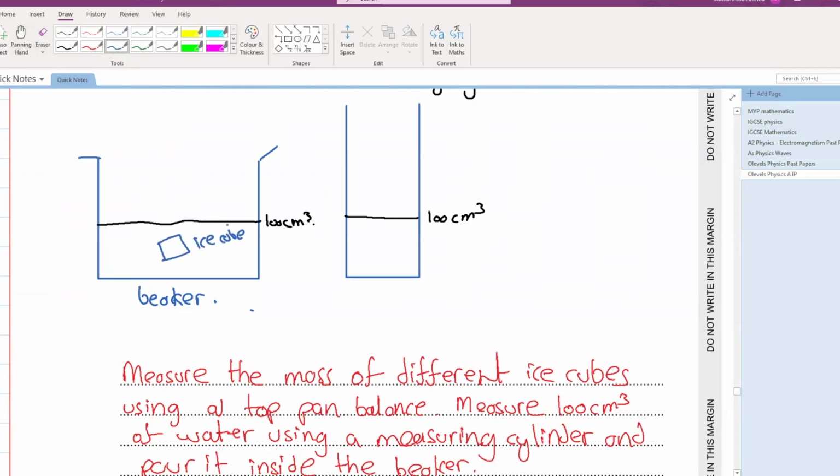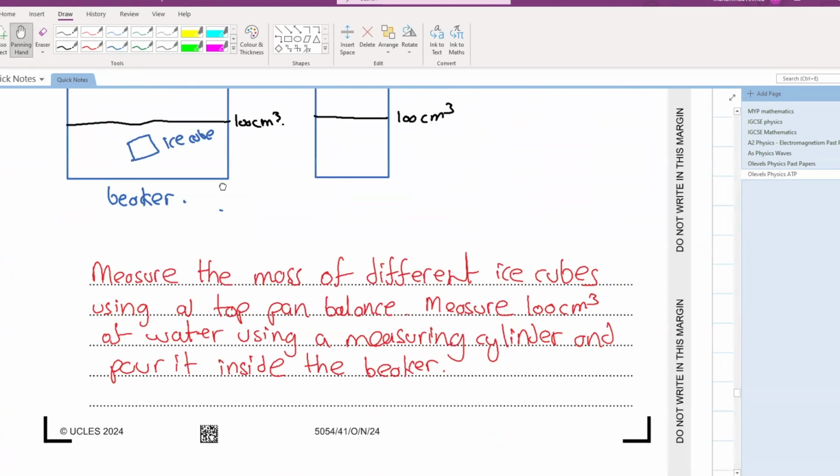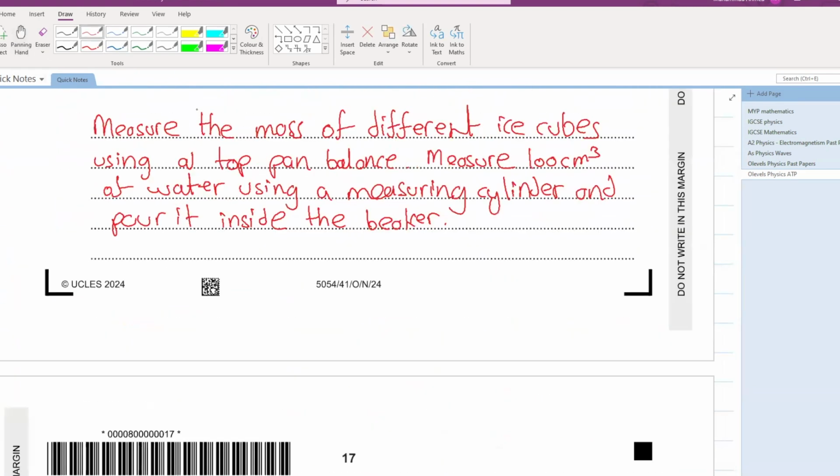Although you don't need to draw this diagram, the examiner will understand what you are writing. You can say, add ice to the water and start the stopwatch. Simple. What will be your next step?